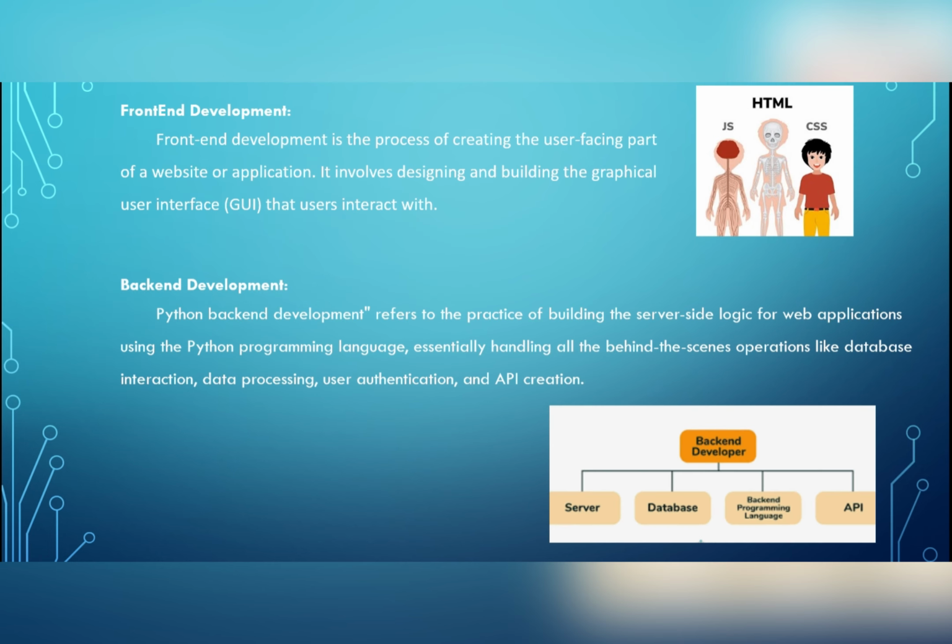I just explained the technologies we use in the front end, right? Let's see what is front end and what is back end. Front end development is the process of creating the user facing part of a website or application, and it involves designing and building the graphical user interface that users interact with. HTML is just like a skeleton, used to design the website application.